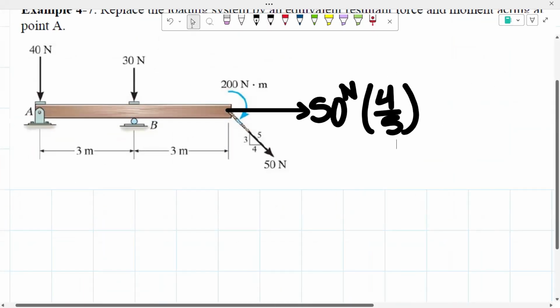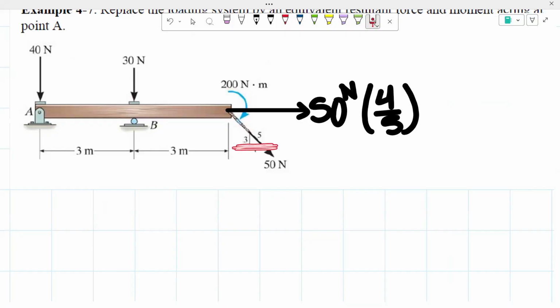And we do this because we're trying to find the horizontal force. So that will give you 40 newtons.